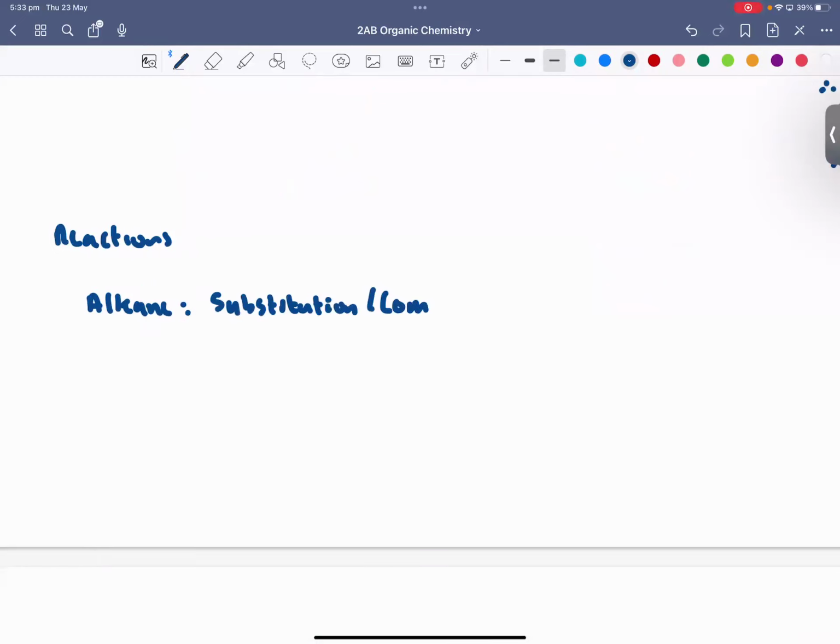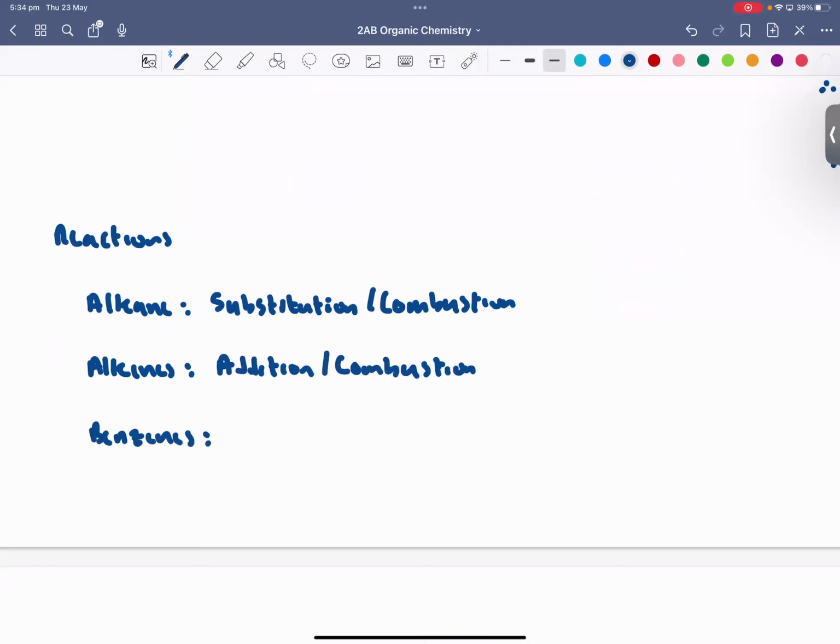They all undergo combustion. What about alkenes? Addition and combustion again. And what about benzenes or aromatics? Substitution again, just substitution and still combustion.